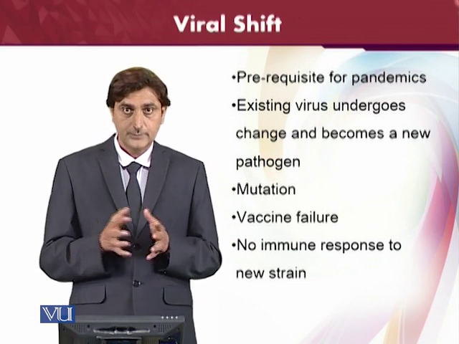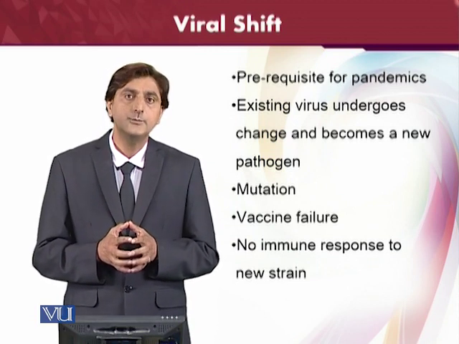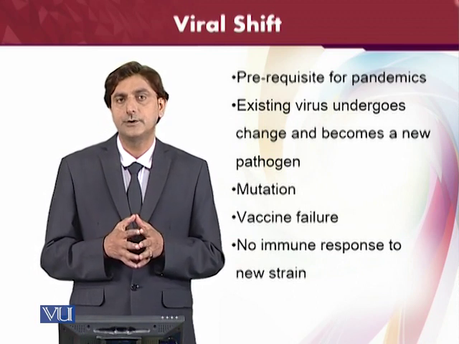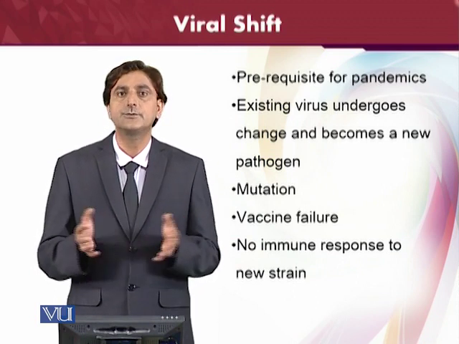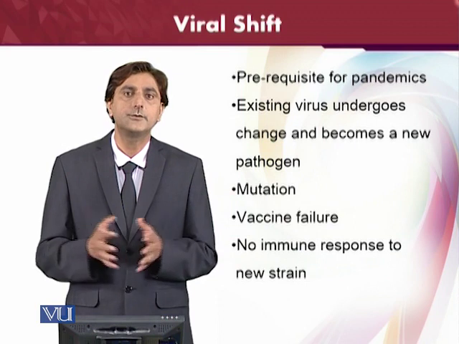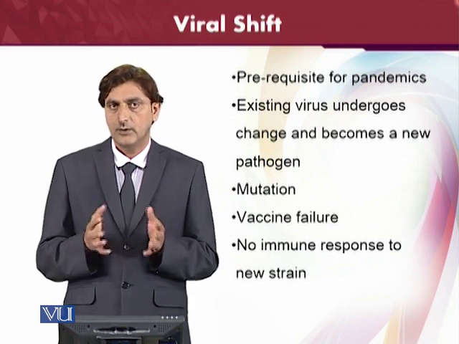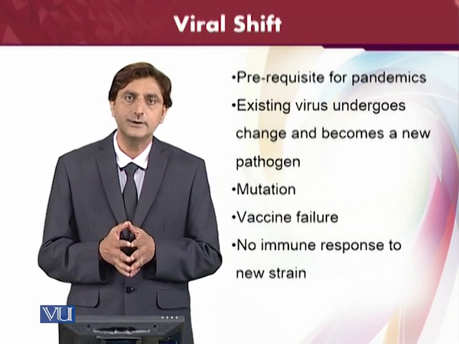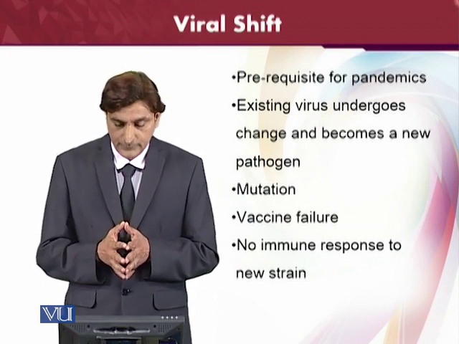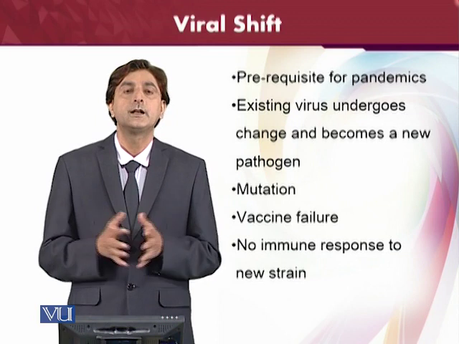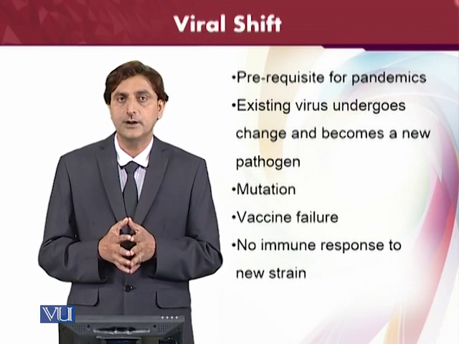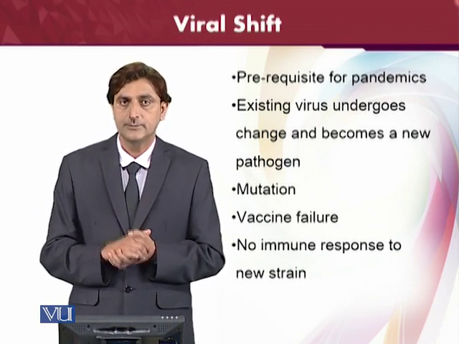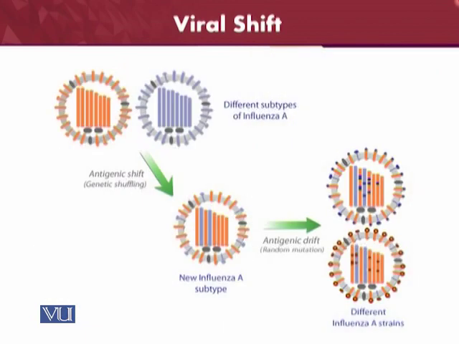This is because of the mutations, and most importantly it will cause vaccine failure, because vaccines present in that area are made against the already present viruses. If a new virus is there, no immune response will be produced against the new strains, and it can cause drug failure or vaccine failure in that pandemic in that area.